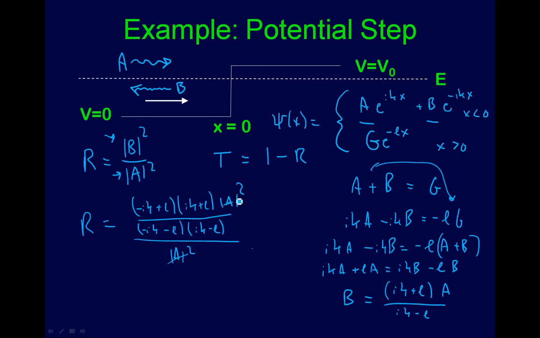These two parts cancel, and what I come out with is K squared plus L squared over K squared plus L squared, which comes out to be 1.